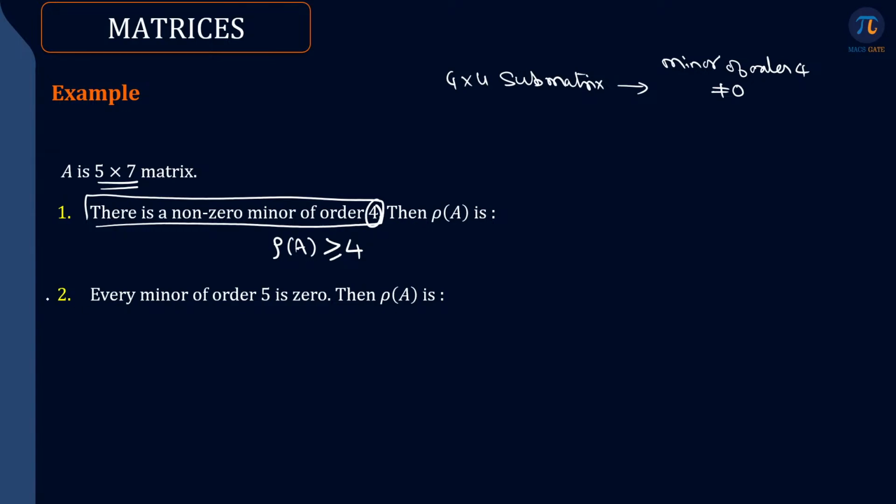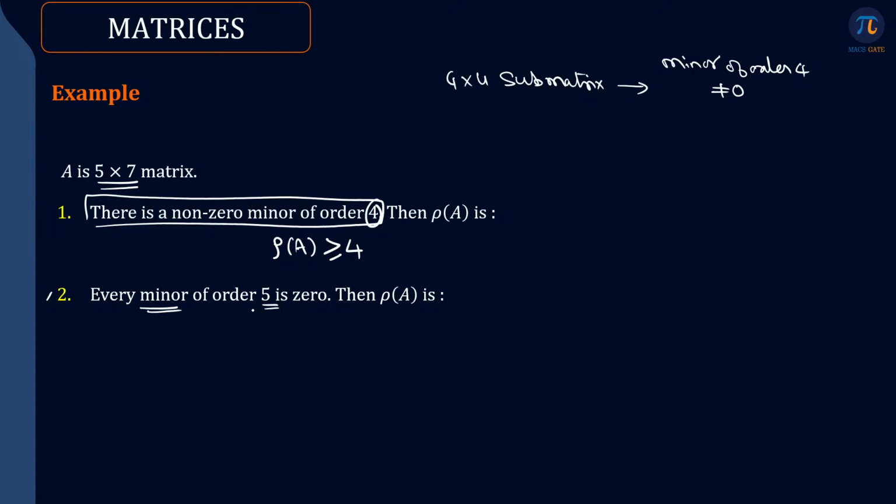And suppose this statement, every minor of order 5 is 0. Whenever you find that minors of a particular order are all 0, it means rank can only be less than that. Rank can definitely be less than that.